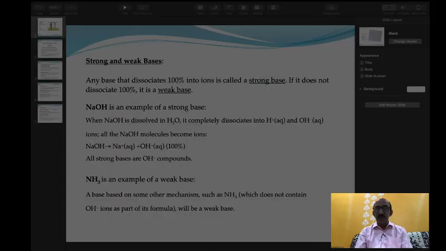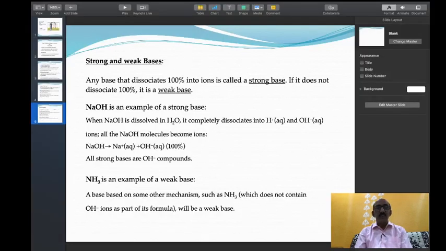I come to the next topic, which is about buffers. Buffers are biochemical solutions which reduce the change in pH.